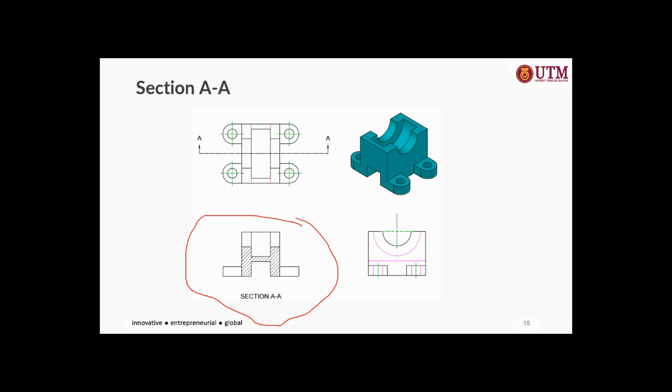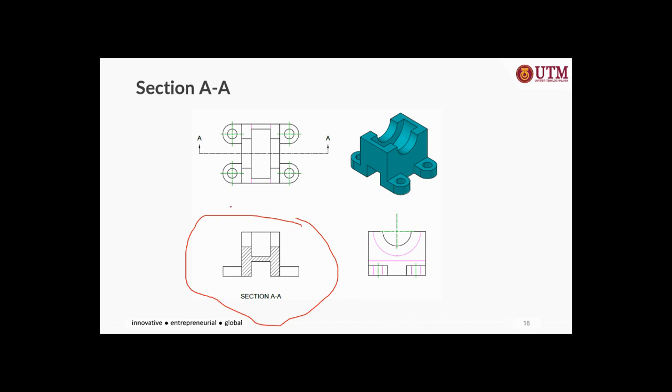Whatever is left over is this, and the knife only passed through this section and all the way down. The one at the back, the knife didn't pass through, and you do not need to put the hidden line for that. So there is no need to put the hidden line for the two holes at the back. All right, so that is what we call section view AA.